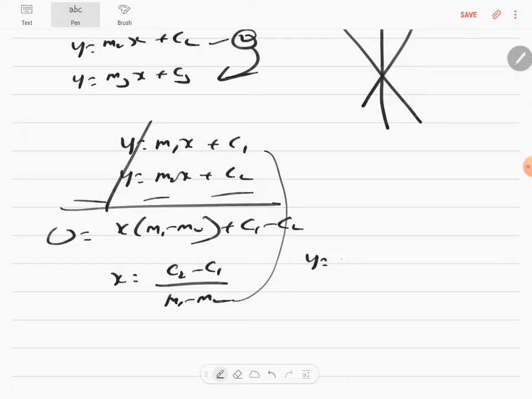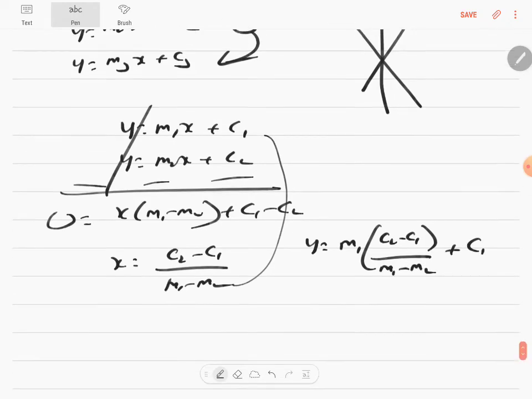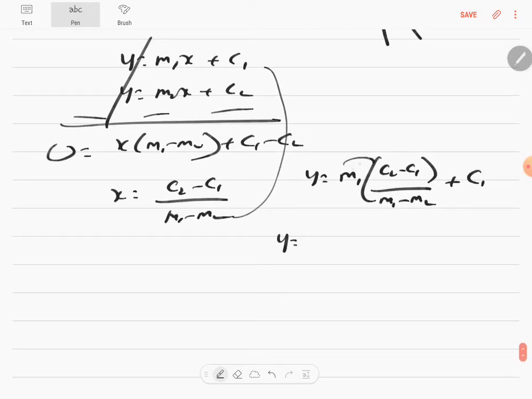Y is equal to m1 into c2 minus c1 by m1 minus m2 plus c1. So y therefore is, take it inside, m1 c2 minus m1 c1 plus m1 c1 minus m2 c1. m1 c1 get cancelled. You have an m1 minus m2.